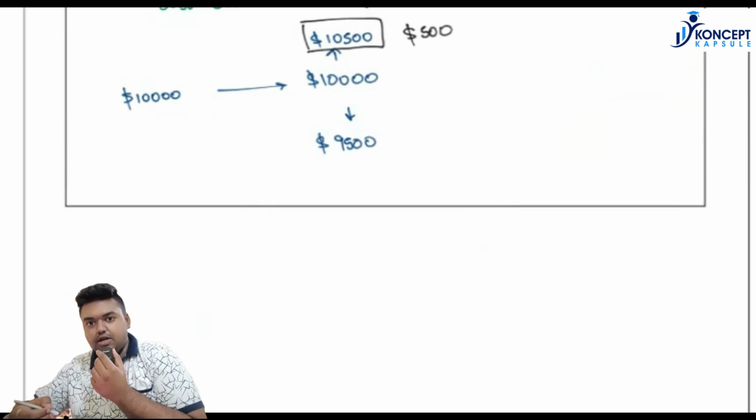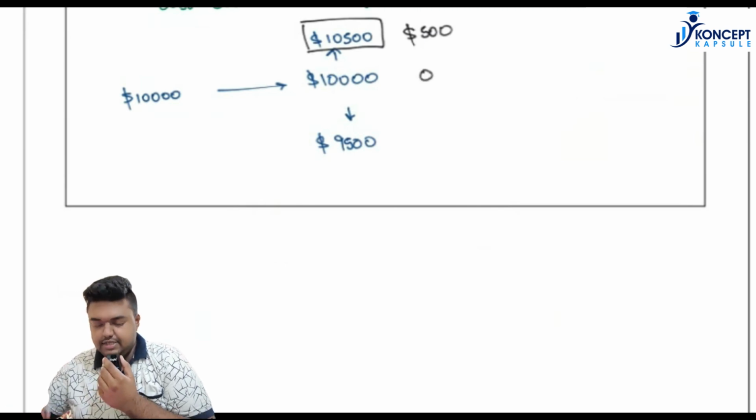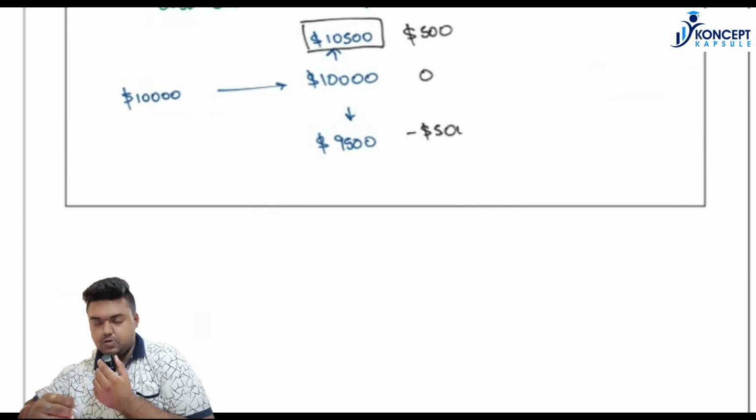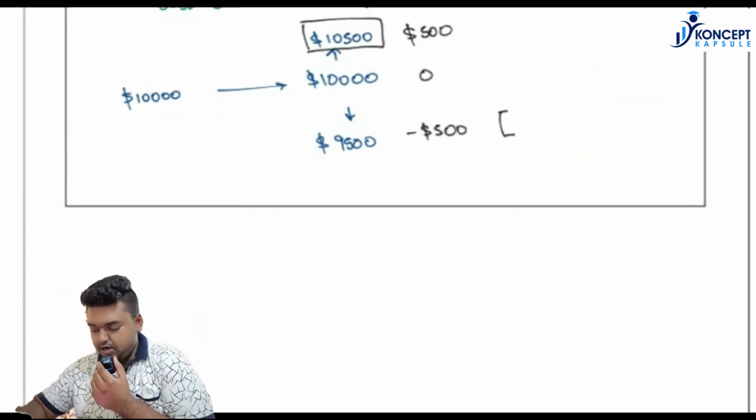When the price of gold is 10,000, he will earn zero. And when the price of gold is 9,500, he will lose 500. So in this situation, he will never execute the contract.